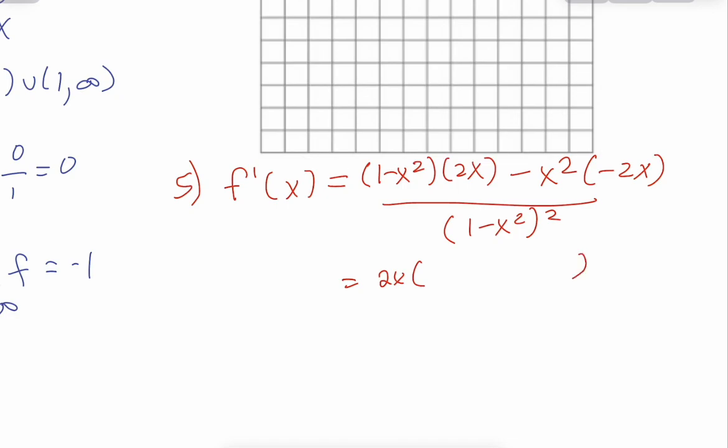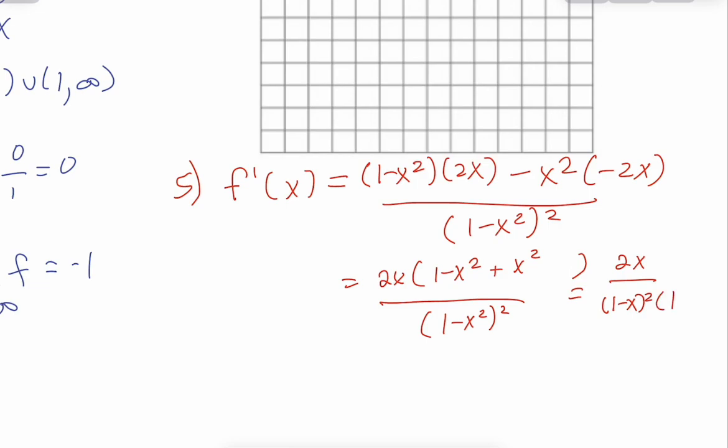So then for the harder ones, we'll see that pattern. If I take a 2x out of the first piece, I'm left with 1 minus x squared. If I take a 2x out of the back piece, I'm left with 2 negatives, which are going to make a positive, and then that x squared. So I just get 2x over 1 minus x squared squared. Now, 1 minus x squared is 1 minus x, 1 plus x.